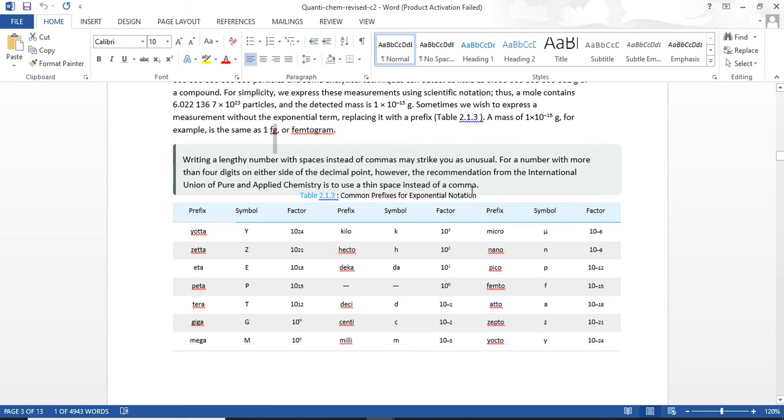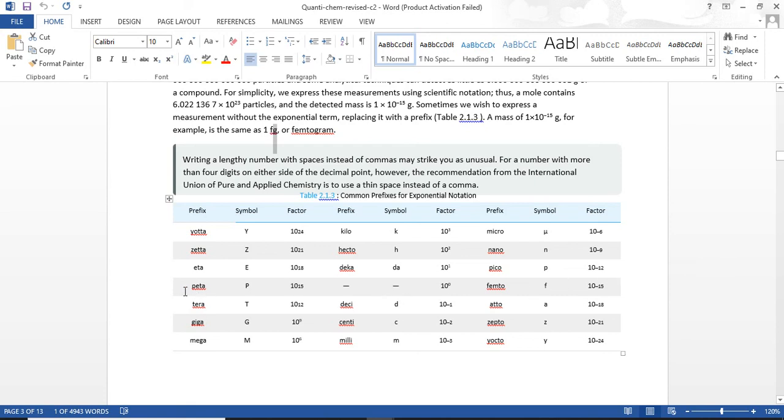We have here the prefixes. Your yotta is capital Y, and its factor is 10 raised to 24. For your zetta, capital Z, it is 10 raised to 21.